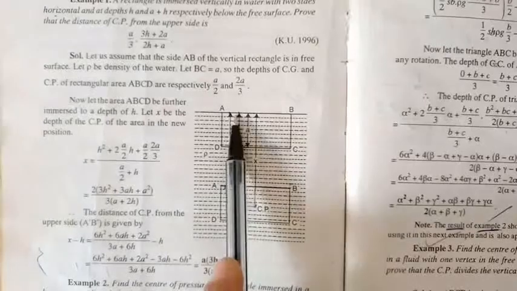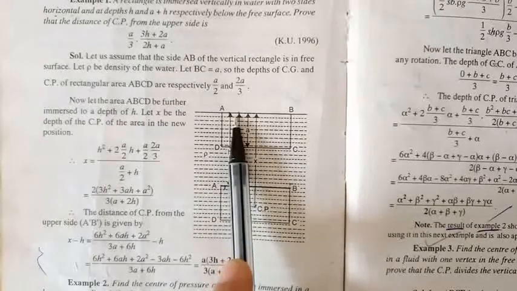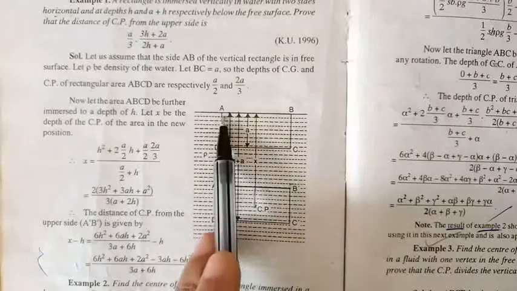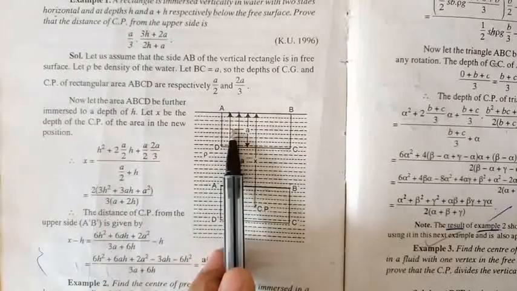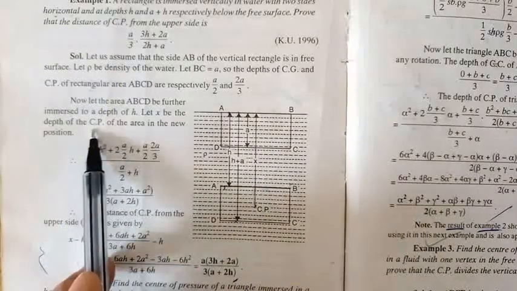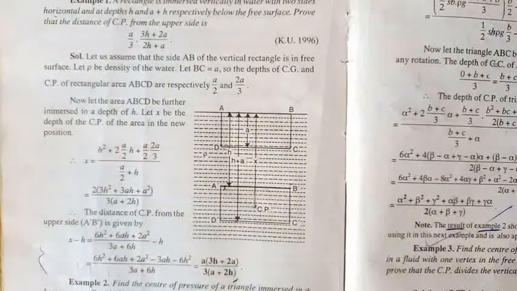So we have obtained the depth of center of gravity and the depth of center of pressure in this position. Now let us assume that this rectangular area is further immersed to a depth h, and x be the depth of center of pressure in the new position.